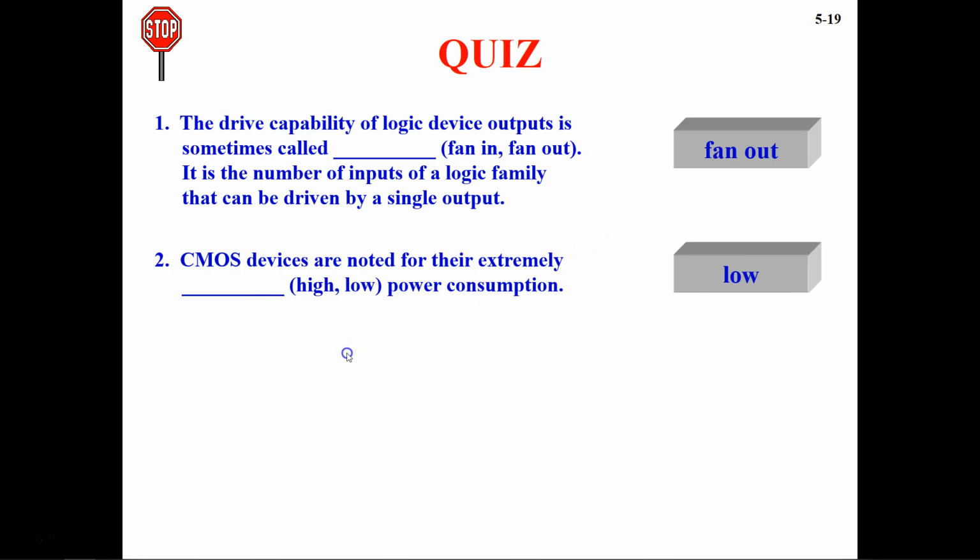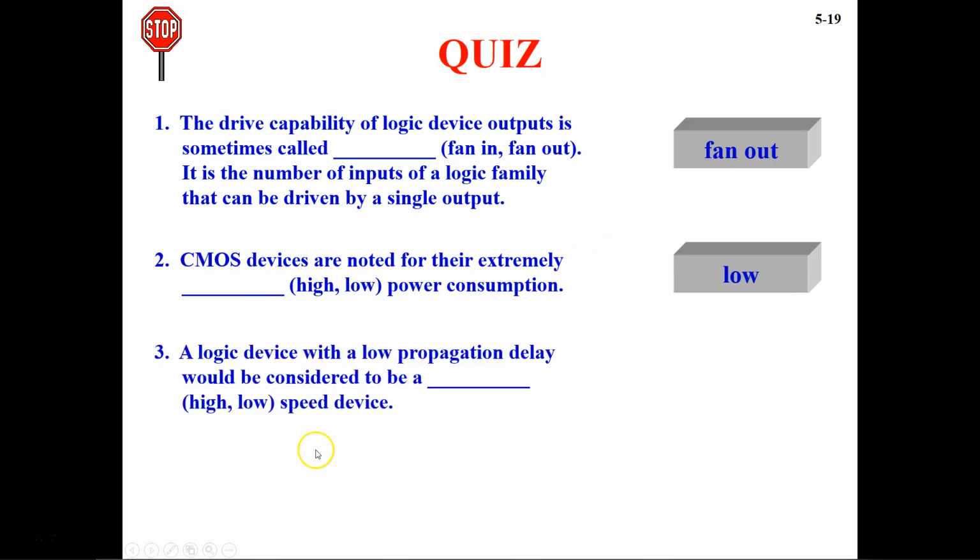And then next: a logic device with a low propagation delay would be considered to be a high or low speed device? Let's read it again. It says a logic device with low propagation delay. If you have low propagation delay, then you are going to have high speed, because propagation delay and speed are inversely proportional to each other.